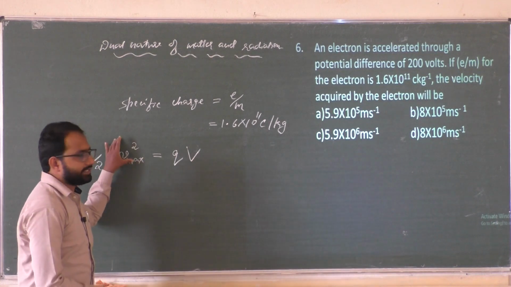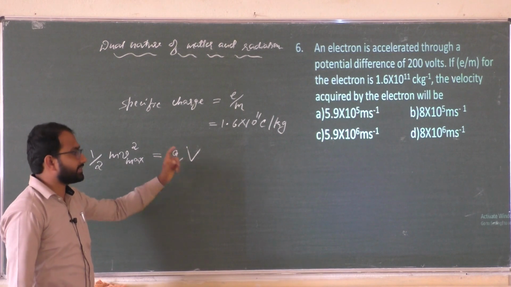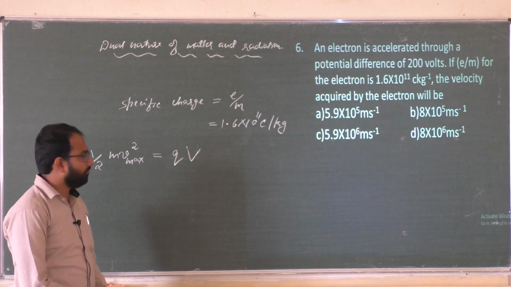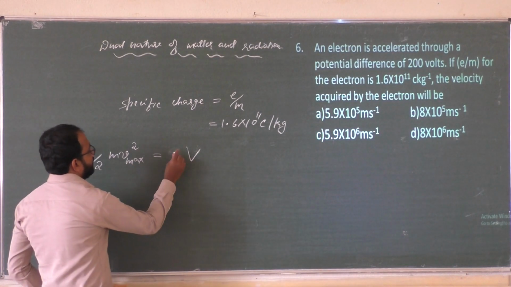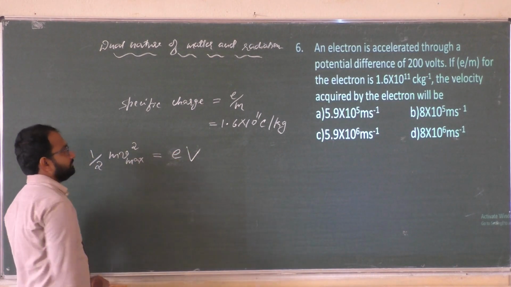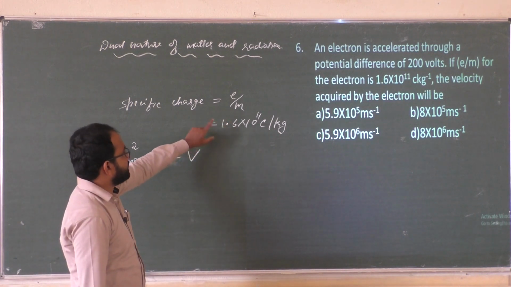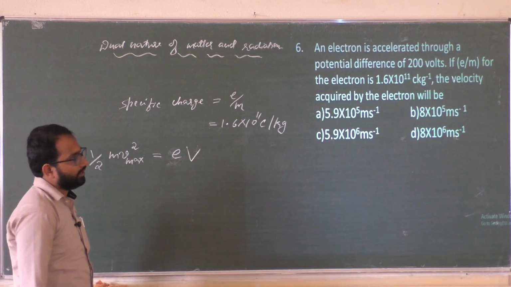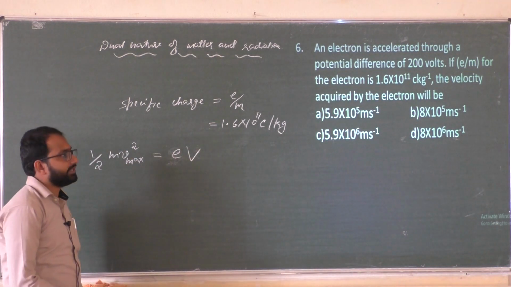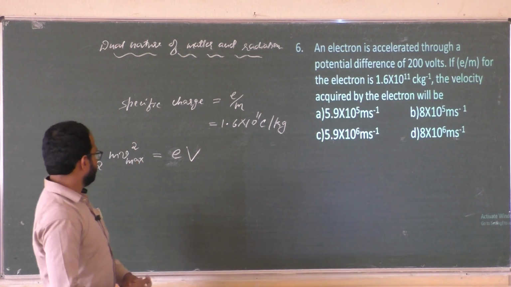For the electron, you can write it as e into V. Using the specific charge of the electron, you have to calculate the maximum velocity acquired by the electron if it is accelerated through a potential difference of 200 volt.